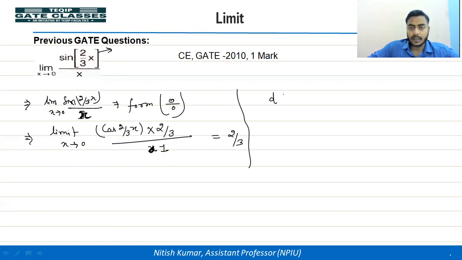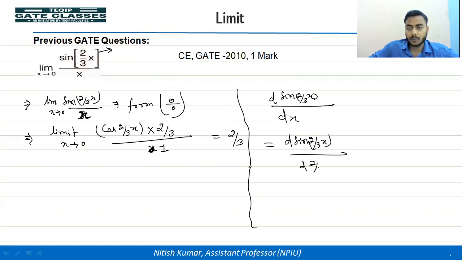Here one thing you have to understand: the differentiation of sine 2 by 3 x with respect to x is the differentiation of sine 2 by 3 x with respect to 2 by 3 x, times the differentiation of 2 by 3 x with respect to x.